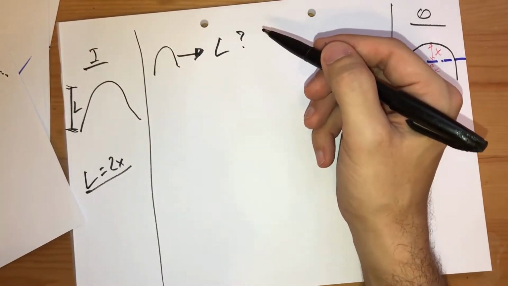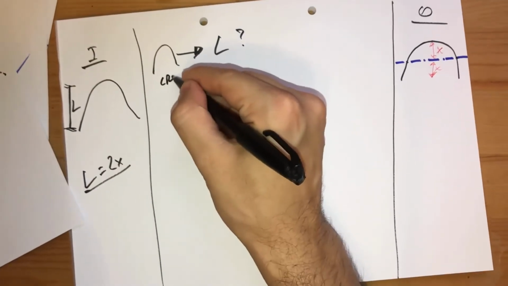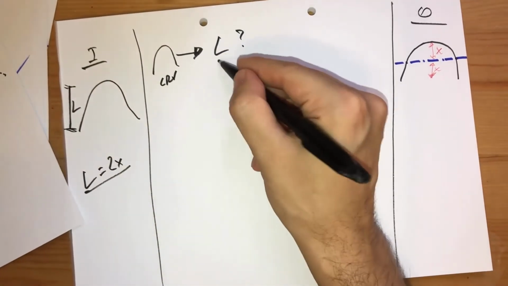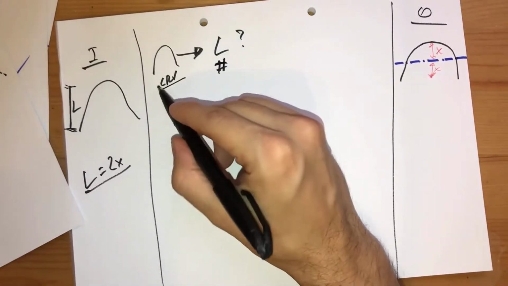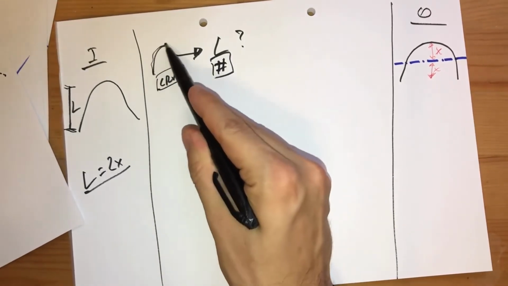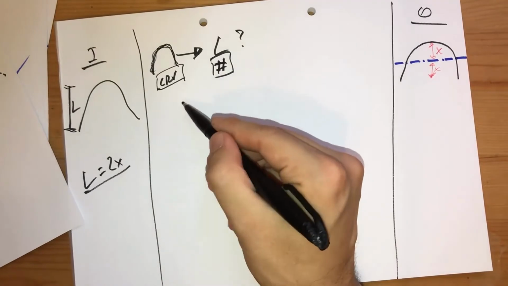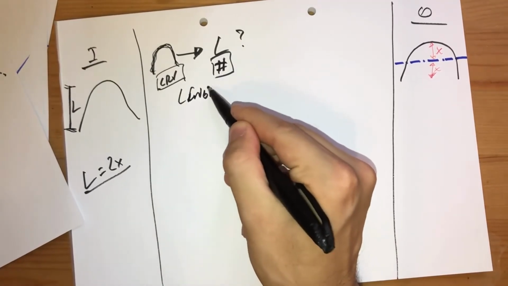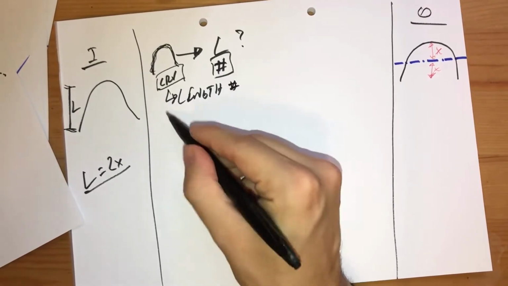Again, this comes back to asking, what have you been given? You want to go from a curve to a number, and a curve is not a very good thing to do for a number. What kind of algorithms can we think of that take a curve and convert it to a number? I can think of a few. Length: if you used something that got the curve's length, that would give you a number.